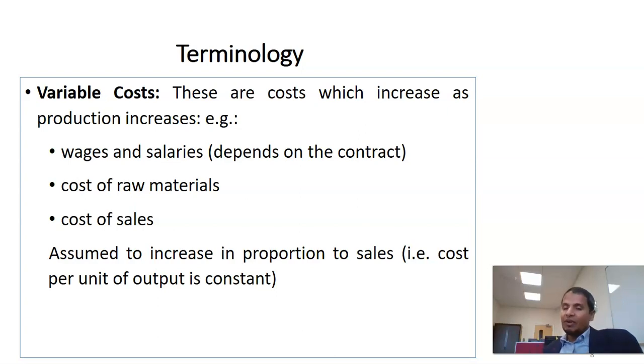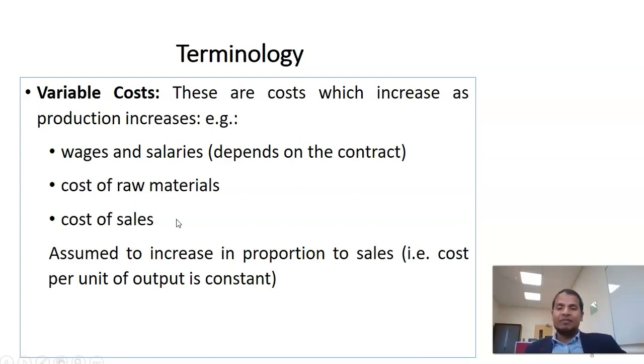So with the level of activity, the cost whose total amount increases or decreases is the variable cost. All right, so it can be wages or salaries or raw materials or cost of sales. Usually it depends on the level of activity that you do.